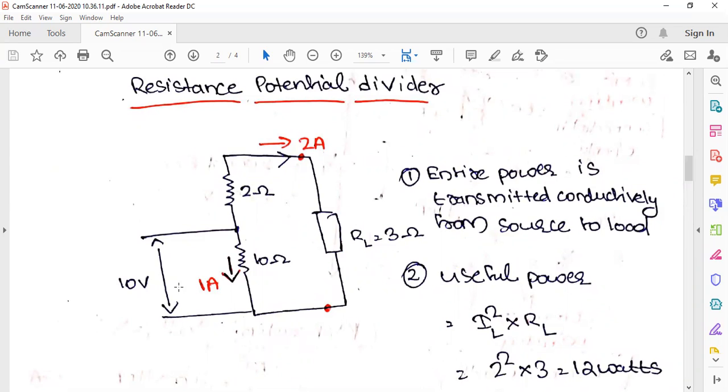This is the source: 10 volt, 10 ohm resistance, so the current will be 1 ampere here. The current in the load branch will be 10 by (2 plus 3), that is 2 ampere. So 1 ampere is going here, 2 ampere is going here.